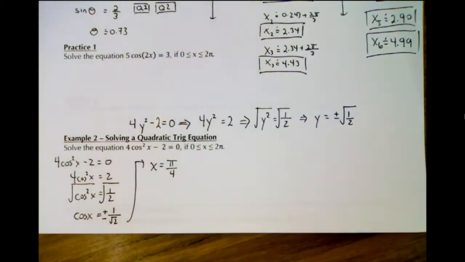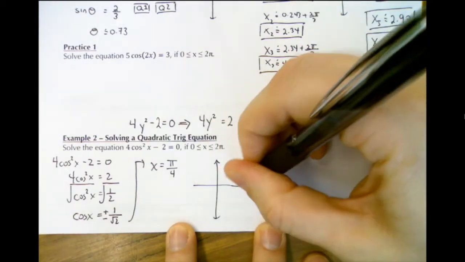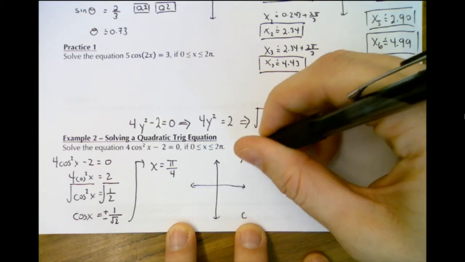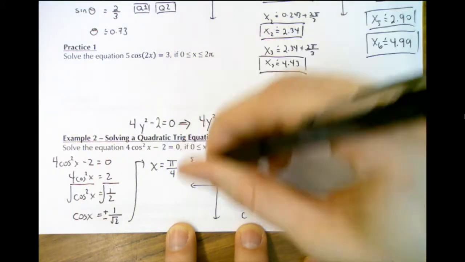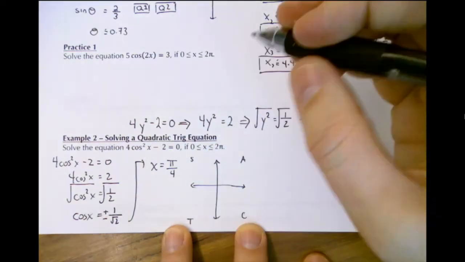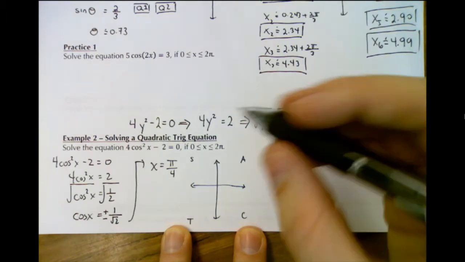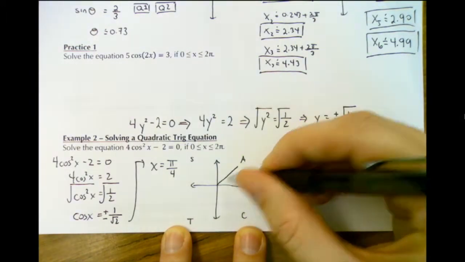So the question is, in which quadrant is cosine positive or negative? Well, in quadrant 4, it's positive. In quadrant 1, it's positive. In quadrant 2, it's negative. And in quadrant 3, it's negative. So it's negative or positive in any of those quadrants, so your answers are going to be in all 4 quadrants. Where in all 4 quadrants?